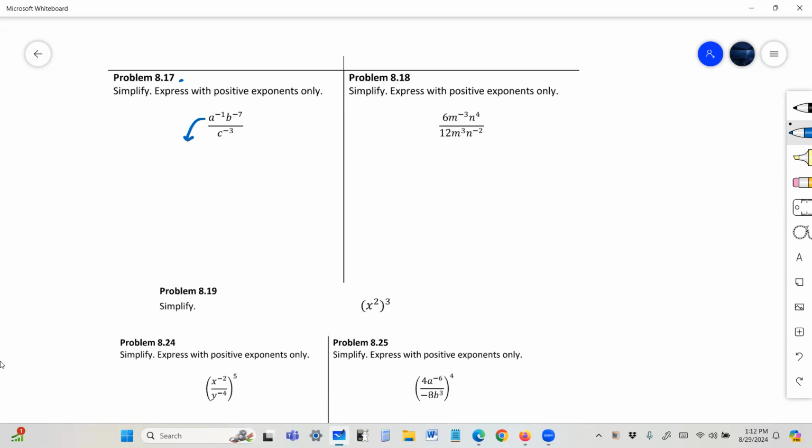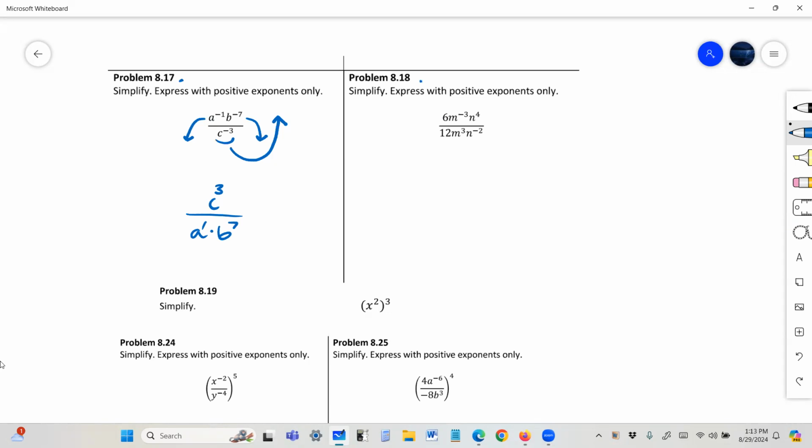So this will go down and this will go down. And in the case of c to the minus 3, it's in the denominator, it goes up and then it becomes positive. So the final answer would be the following. C cubed, positive, numerator, a to the 1, or just a, times b to the 7. Okay? So all of the variables that had negative exponents in the numerator go to the denominator, and the variable with the negative exponent in the denominator goes to the numerator.